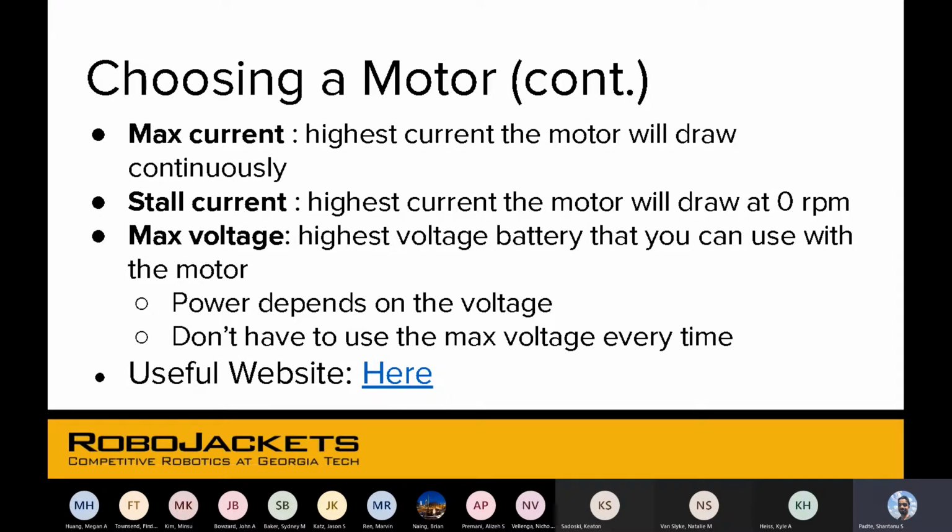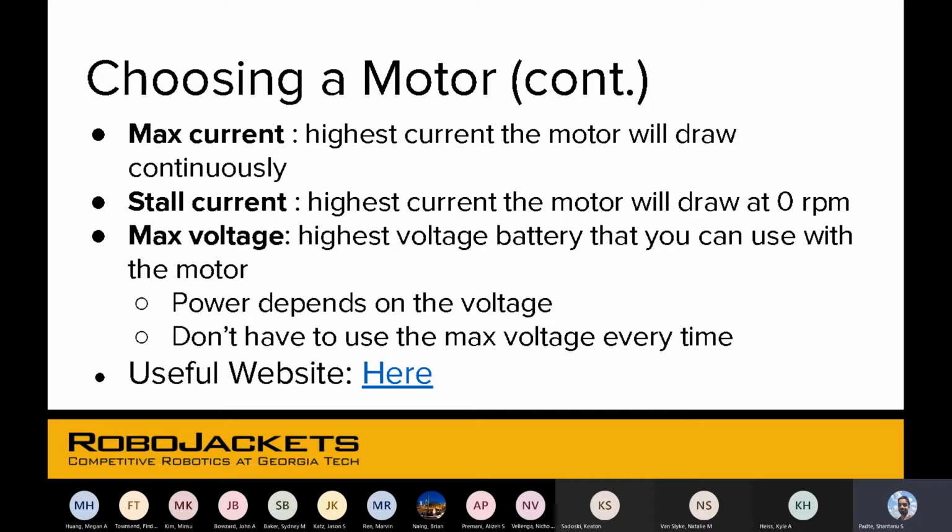The motor could be not moving because of physical constraints. Max voltage is the highest voltage battery that you can use with the motor. Power depends on the voltage, but you don't have to use the max voltage every time. But there are some kinds of motors where you have to use the max voltage and then you PWM the signal from the battery instead.